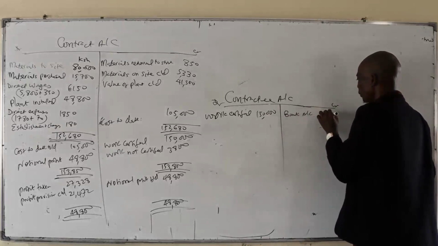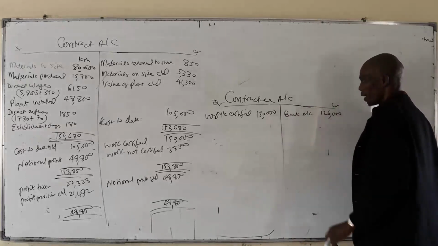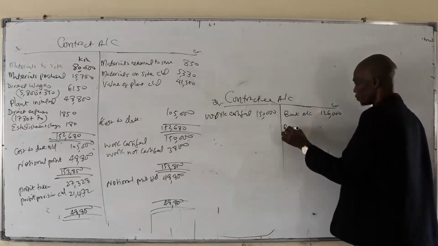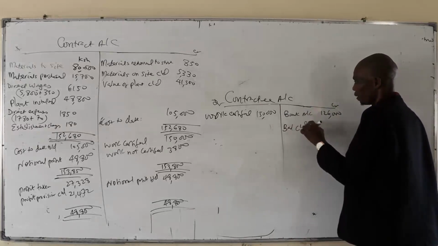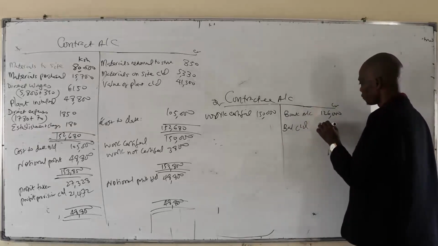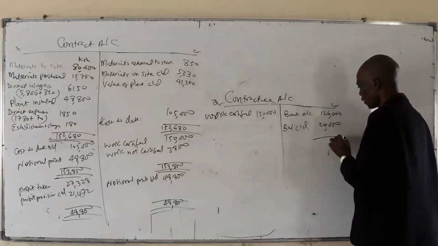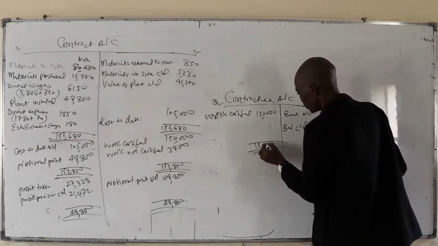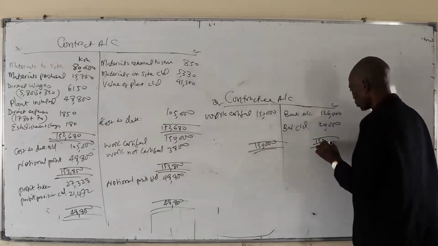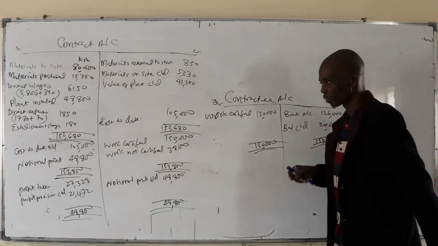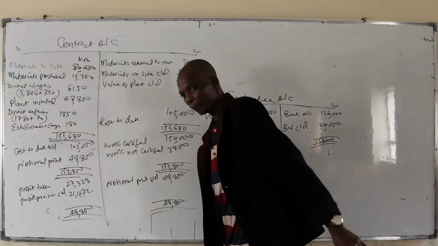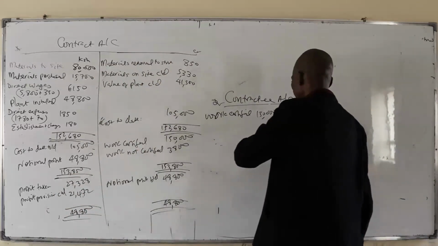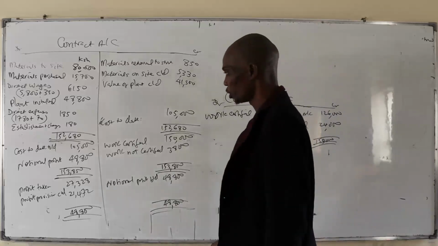At this juncture, the balance is what is owing. So the balance carried down is the difference, that is 24,000, making 150,000. That is how the contract account is prepared, and this is how the contractee account is prepared if the question asks for it.